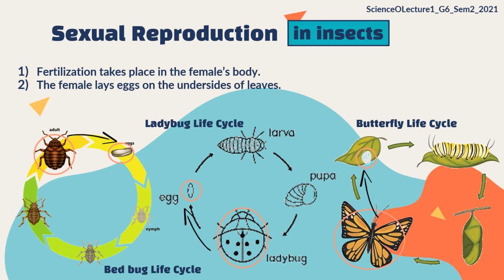Insects reproduce sexually. Fertilization happens inside the female's body, and after fertilization, females lay eggs on the underside of plants' leaves. Insects are oviparous since they lay eggs. One embryo, one baby, develops inside each egg.